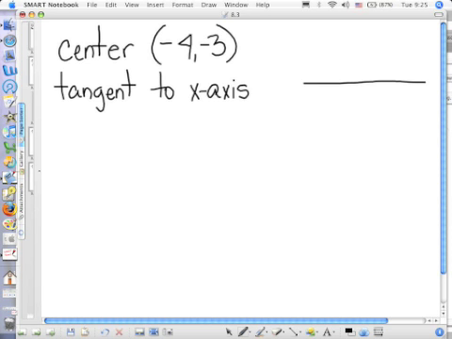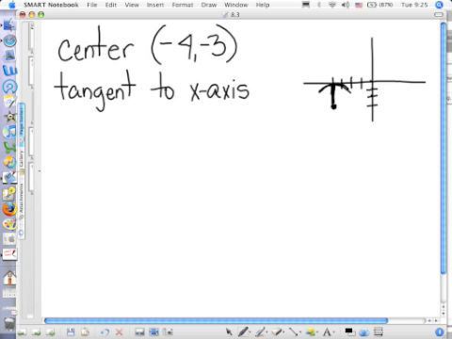If the center of the circle is at -4, -3, and it's tangent to the x-axis, that means it's touching right here. What's the radius? 3. It is 3 units below the x-axis. The center is 3 units below the x-axis.